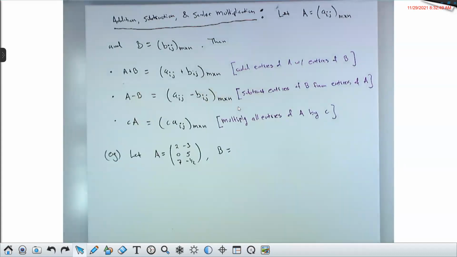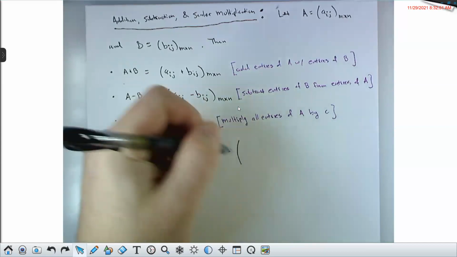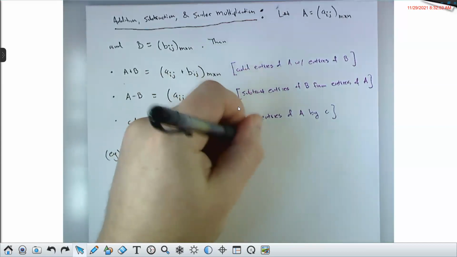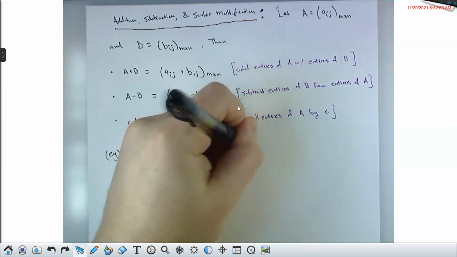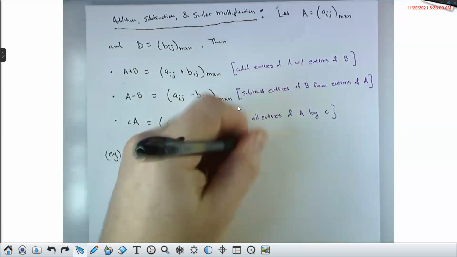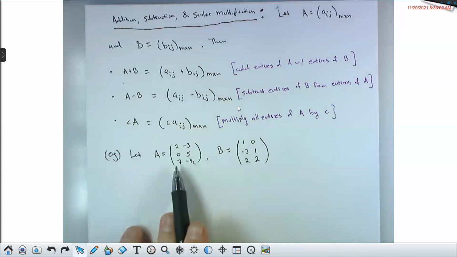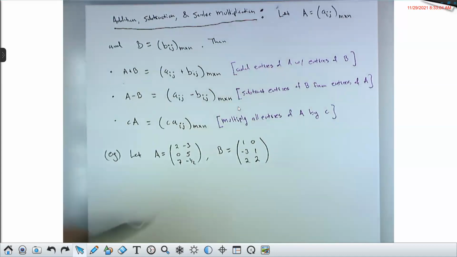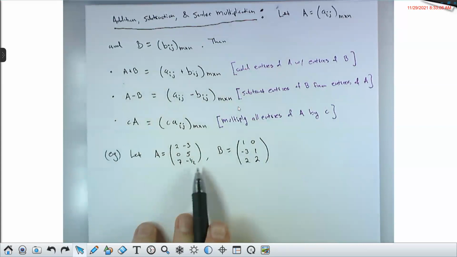Let's let B be the matrix with rows 1, 0; -3, 1; 2, 2. So A and B are both 3 by 2 matrices.